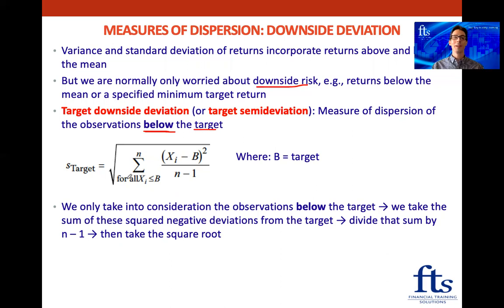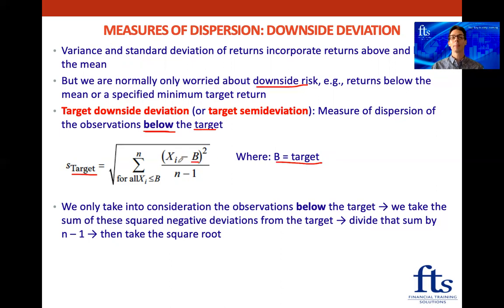This formula looks rather bad, but it's not really. It's very similar to the standard deviation that we've just been through. We're talking here about the target downside deviation. What we need to do is take each and every observation and see how it's deviating not from our sample mean anymore, but from B, which is our target.